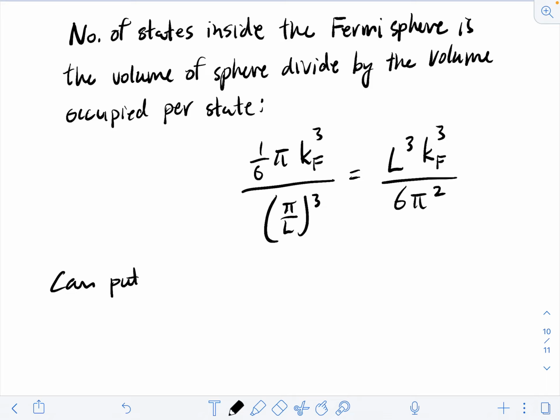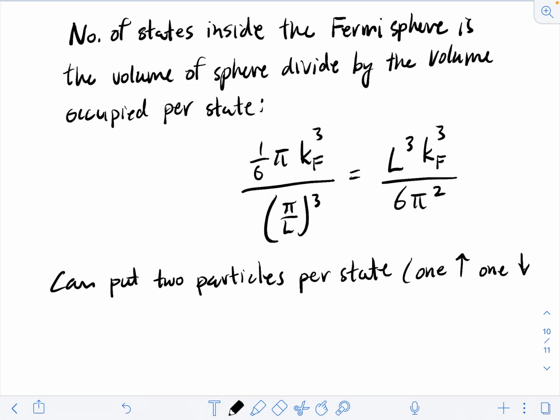We know that we can put two particles per state, one spin up and one spin down. Therefore, if we have n particles, then we need n over 2 states.